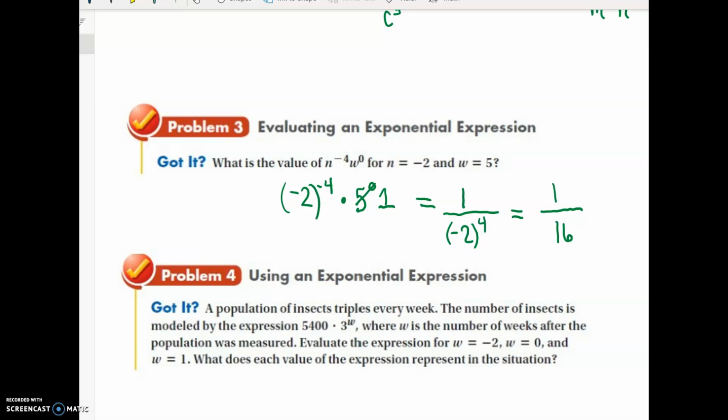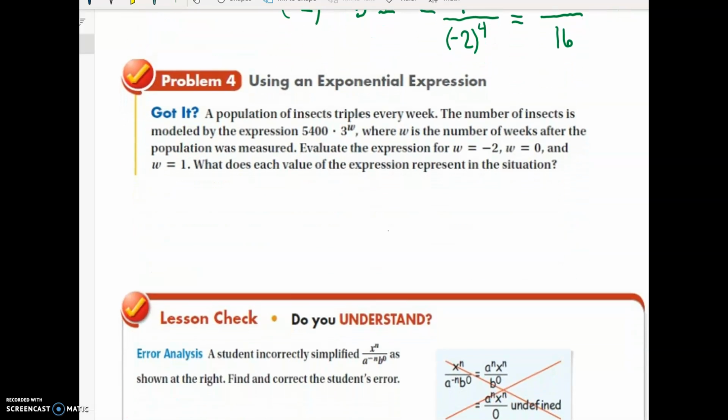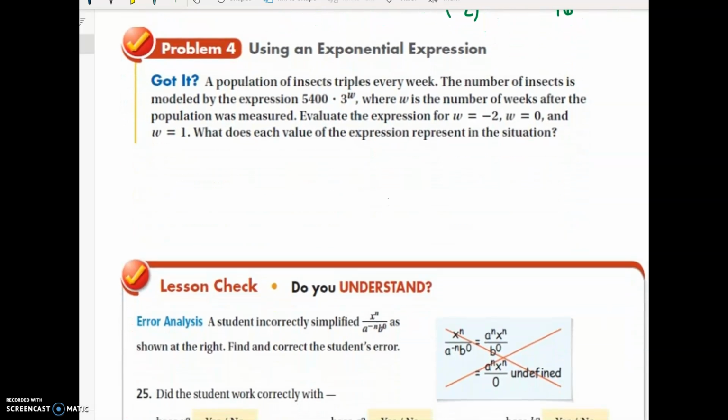Then we're almost done here. We've got an example here where they want us again to plug in values for the exponent in the word problem. So we've got kind of a science question here.